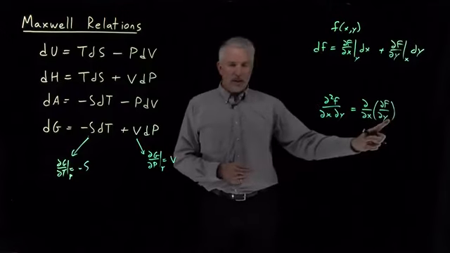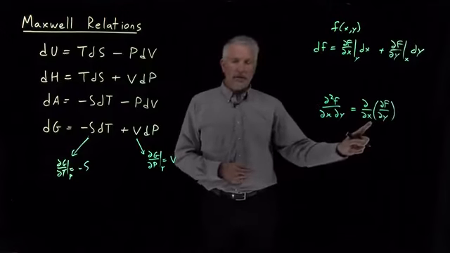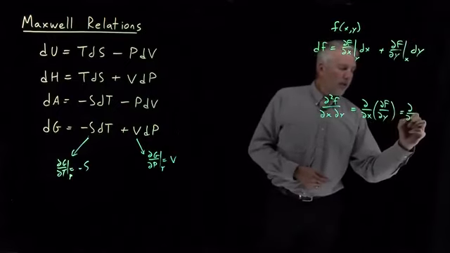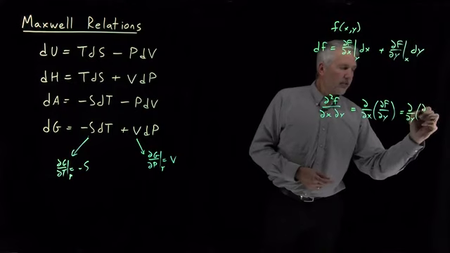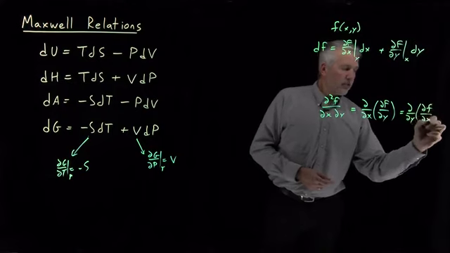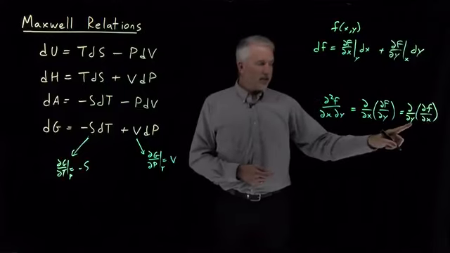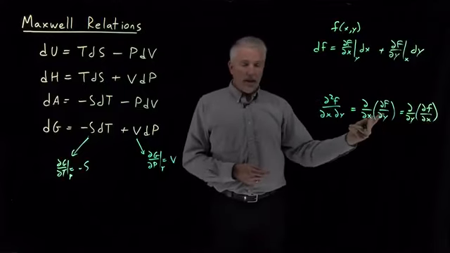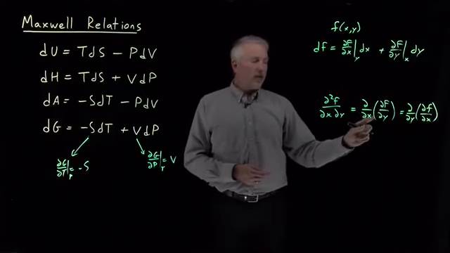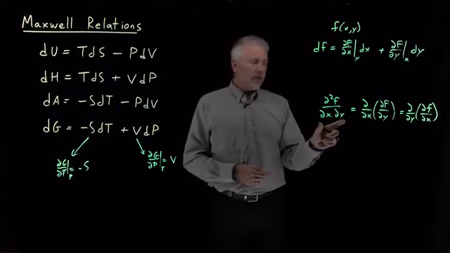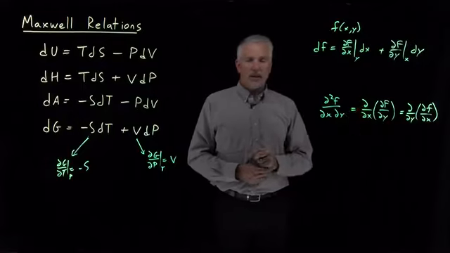So first take the y derivative, then take the x derivative. Or we could think of it the other way around, the y derivative of the x derivative. First take the x derivative and then take the y derivative. And it doesn't matter what order I take those derivatives in, I'll get the same answer either way. This second mixed partial derivative is the same regardless of which order I take it in.